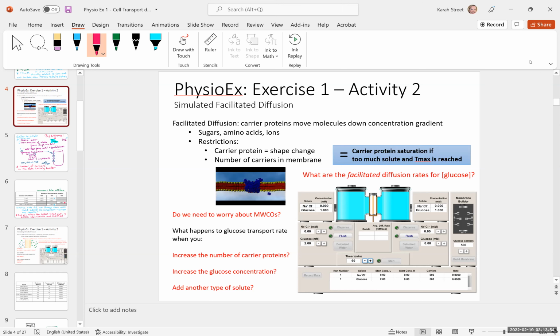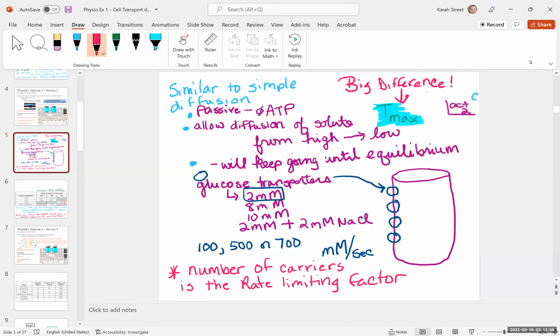So something to consider for facilitated diffusion compared to simple diffusion. And I'll remind you, we just addressed simple diffusion in activity 1. Their similarities include both are passive transport. That means there is no cellular energy used. No ATP is used.